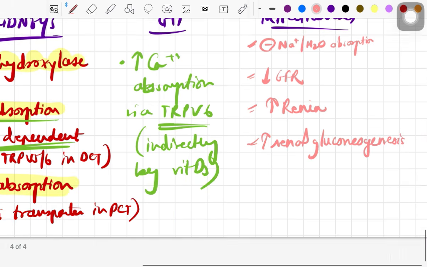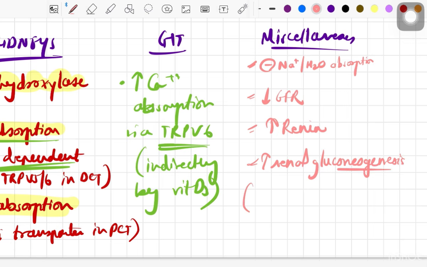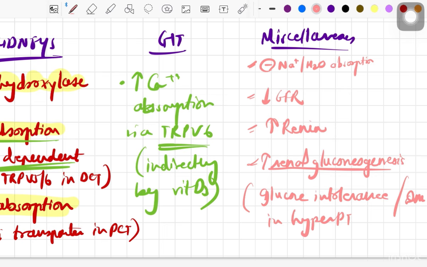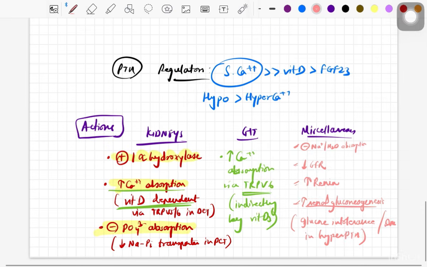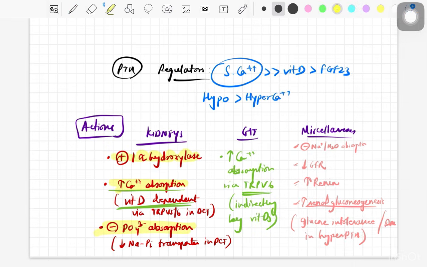This is the reason why patients with hyperparathyroidism have glucose intolerance, or a propensity to develop diabetes mellitus, because parathyroid hormone causes increased renal gluconeogenesis. So this was in a nutshell about the major actions of parathyroid hormone in kidneys, GIT, and the miscellaneous actions.